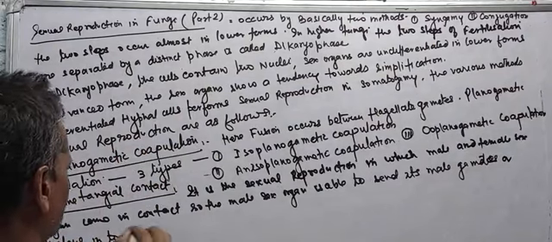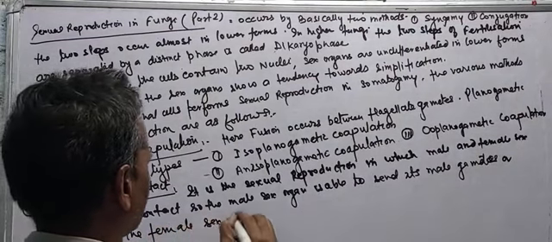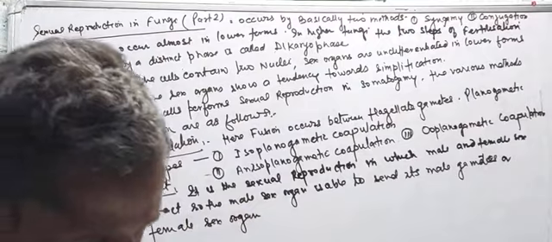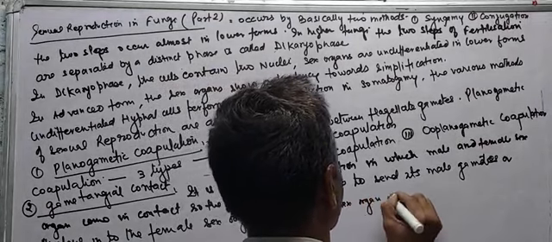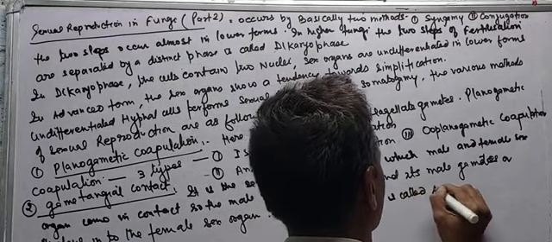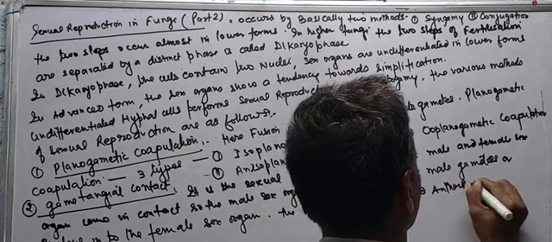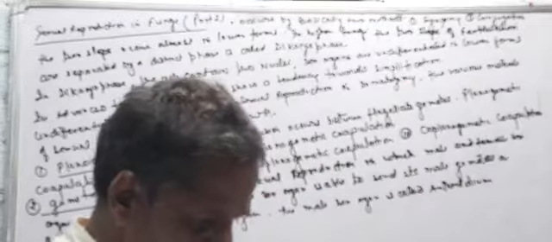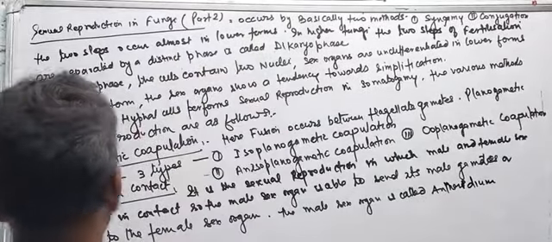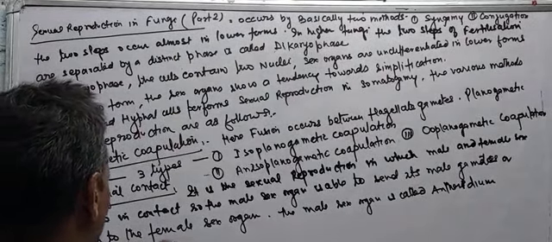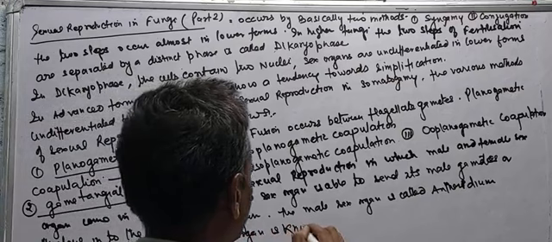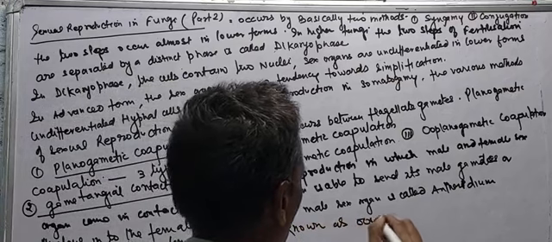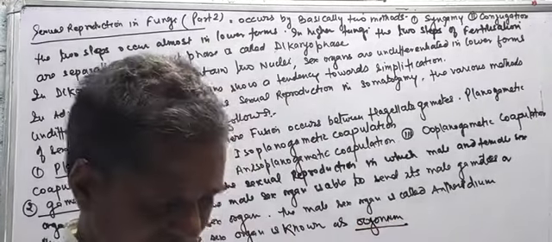The male sex organ is called antheridium, while the female sex organ is known as oogonium.